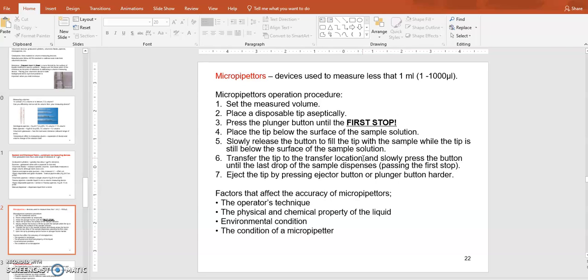Then you will see the ejection of the liquid from the pipette tip to the receiving container. You will do that slowly until the last drop of the liquid is dispensed. In this case, you can exceed the first stop to remove the liquid all the way from the pipette tip. Once that's done, release your thumb again, and then you can eject the tip. So that's the order of micropipetter operation.